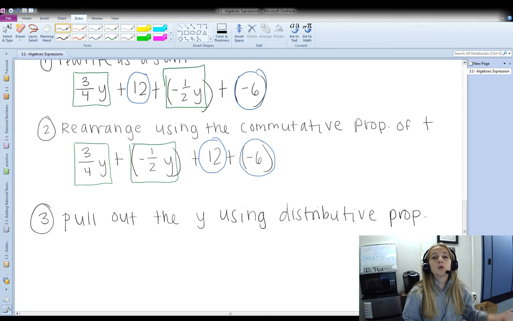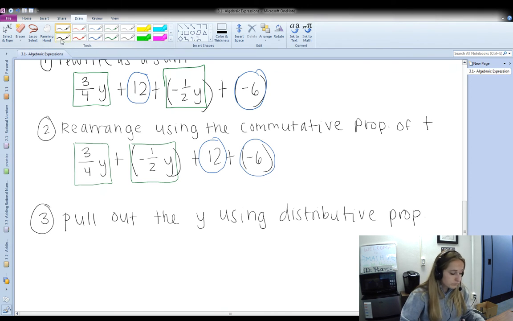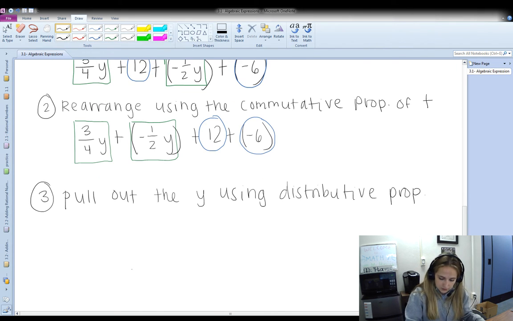Okay, so the reason we're going to pull out the y is so that we can deal with those numbers, the coefficients, so the numbers in front of the variables, without having to worry about the variable, which is the y. So what you're going to do is we are going to write, okay, right here, 3/4. You need the parentheses, plus the other coefficient, negative 1/2 y, and then the y goes outside of that.